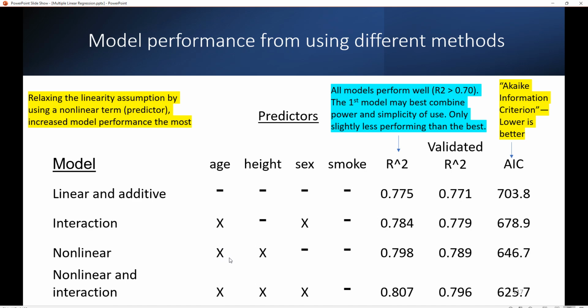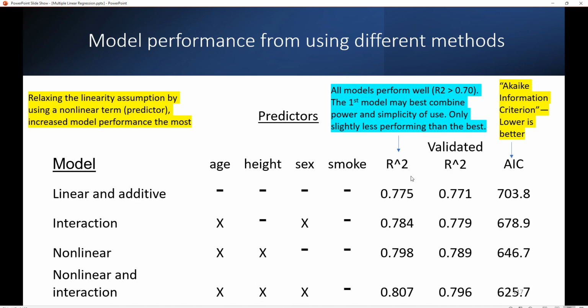In this example, we're going to use splines, but you can also use a polynomial model or a quadratic model specifically, where we used a squared term for age and height. You can do that as well, but in this example, I'm going to use splines, which are nonlinear terms similar to polynomial models. And we also have on the bottom a nonlinear and interaction term, where we have both nonlinear terms and interactions between age and sex.